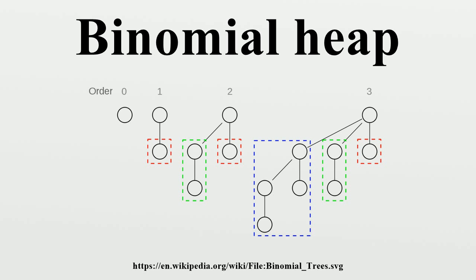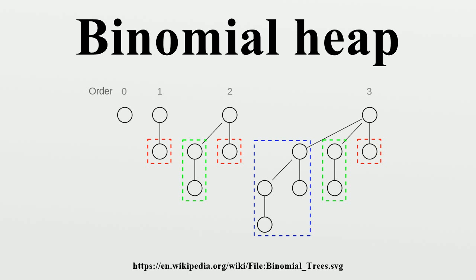If both heaps contain a tree of order j, the two trees are merged to one tree of order j plus 1 so that the minimum heap property is satisfied. Note that it may later be necessary to merge this tree with some other tree of order j plus 1 present in one of the heaps. In the course of the algorithm, we need to examine at most 3 trees of any order.